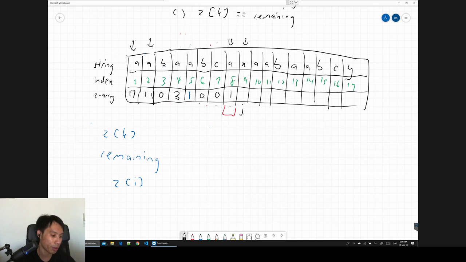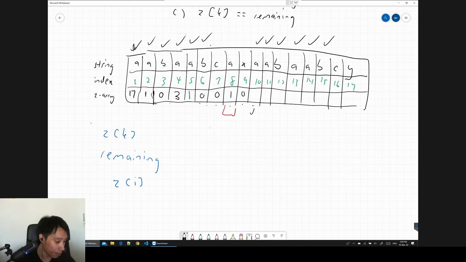My I is here outside of the Z box. X is not the same, it will be 0. Increment my I. Outside the Z box, no choice but to recompute everything again. Okay, so A and A is the same. B, A and A is the same. B and B is the same. A and A is the same. A and A is the same. B and B is the same.